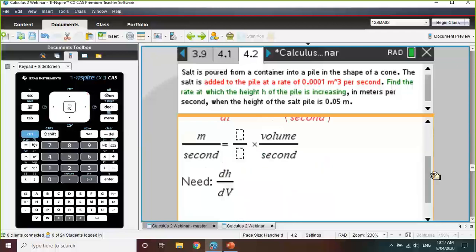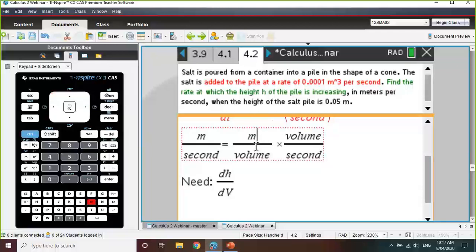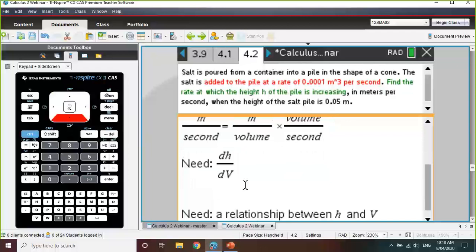And then once again, we want to figure out what we need to cancel out with the volume. Well, we need a volume, and we want to introduce meters at the top there. So in terms of the rate that we need, we'll need dH/dV. And then once again, we need to think about how we can find a relationship between H and V.